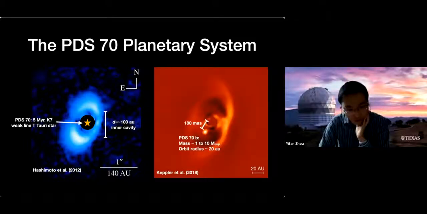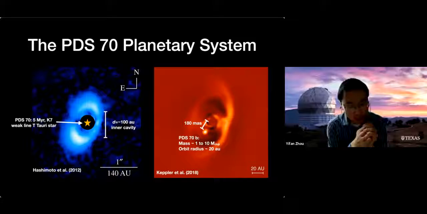And finally, in 2018, using VLT SPHERE observations, Keppler et al. found a point source that is less than 200 milliarcseconds away from the star. If you convert it to the absolute distance, it is about 20 AU.